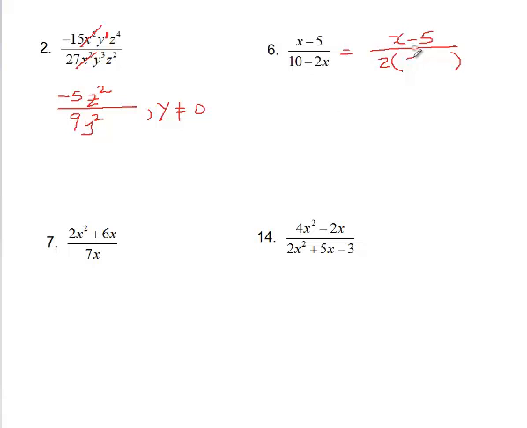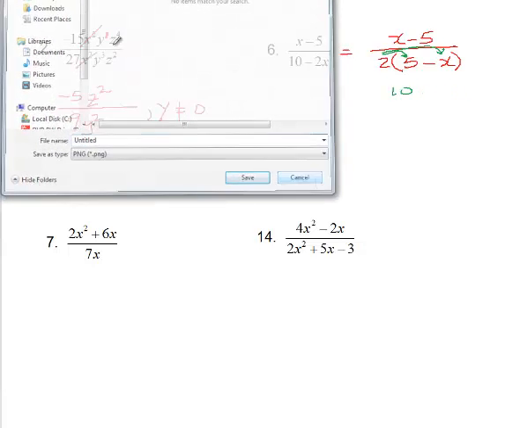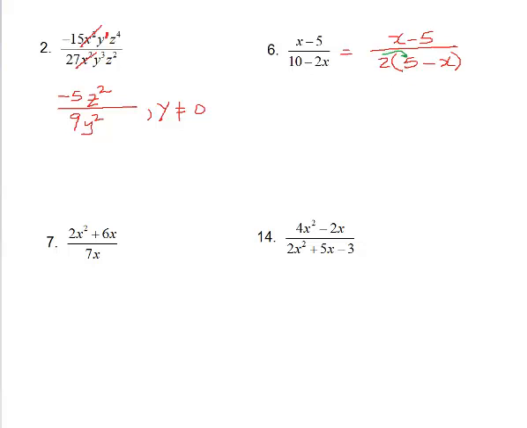And I'm left with 5 minus x. Anytime you want to check a GCF, just multiply it back out. What is 2 times 5? That's 10. What's 2 times negative x? That's negative 2x. So you can double check it fairly quickly. Okay, so just watch for that.